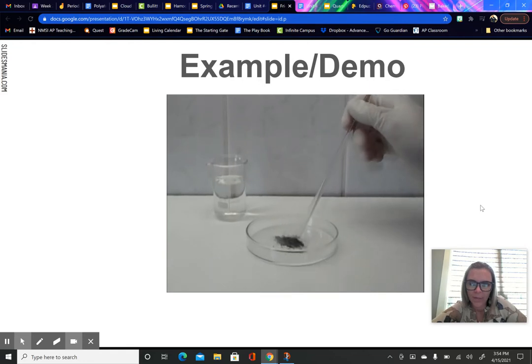We're going to allow them to come into contact with each other because reactions cannot occur unless there is contact. And now we're going to add some water.